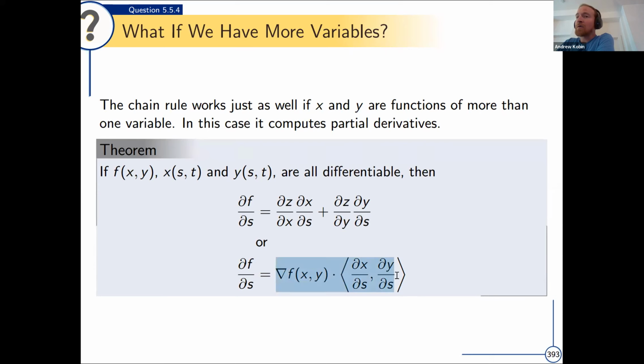And you can encode this as a dot product as follows, where instead of the velocity vector x prime, y prime, in this case, we're taking rates of change with respect to one of the variables s. So the velocity vector, I'll put it in quotes, but the vector that we can dot the gradient with is the partial derivatives of x and y with respect to s in both cases.